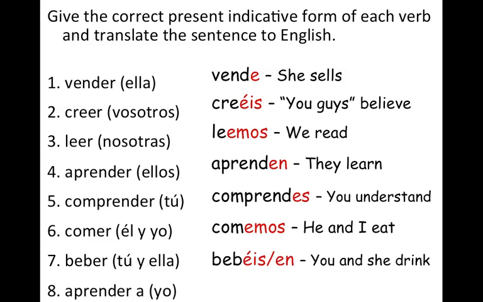So it depends on whether the tú y ella you're talking about is vosotros if you're in Spain, or vosotras, or ustedes. Y finalmente, número 8, aprender a, yo. Aprendo. So, por ejemplo, yo aprendo a hablar español. I am learning to speak Spanish.